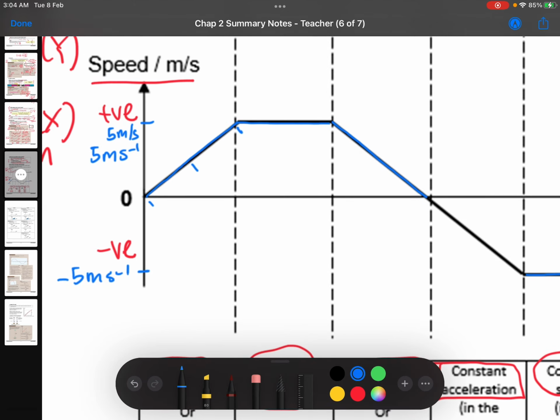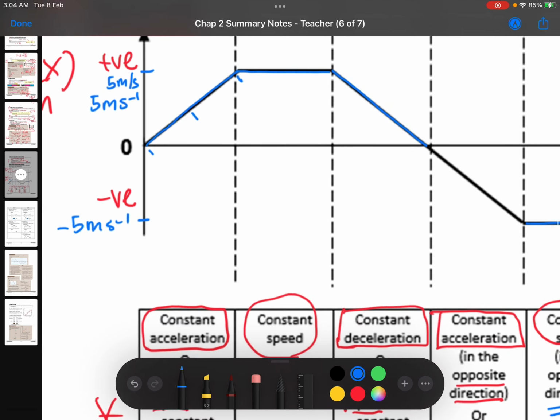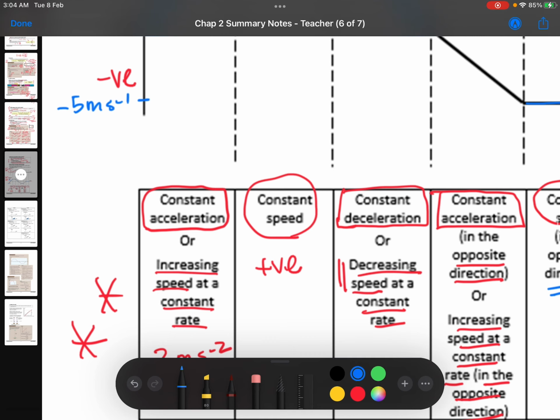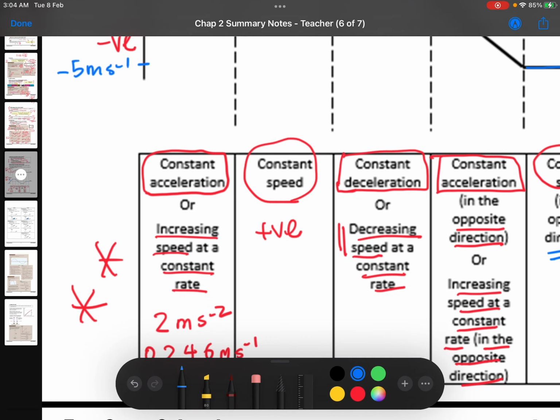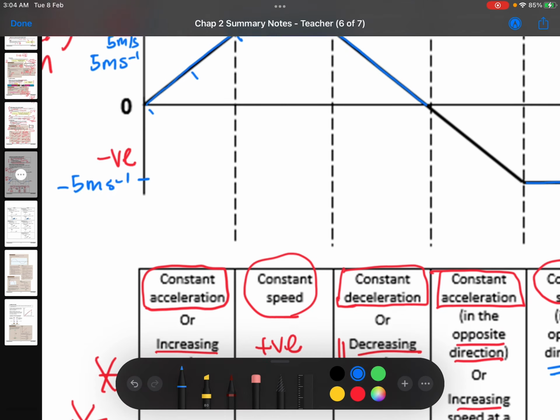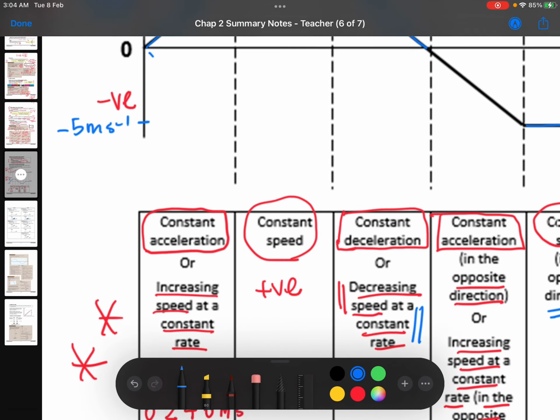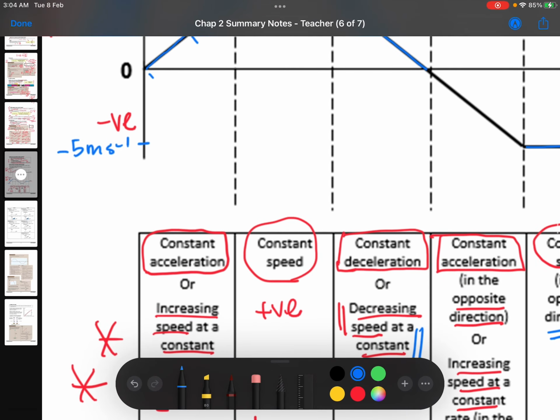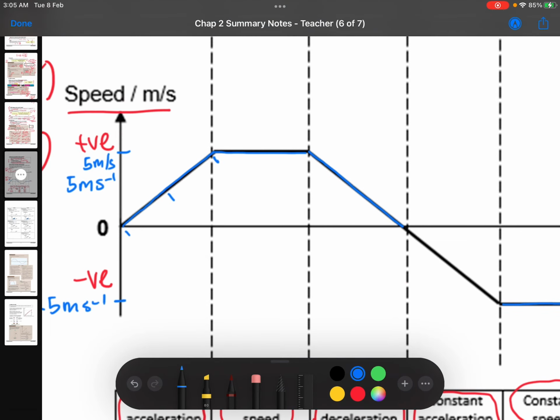Okay, don't forget this is a speed time graph. So what happens is that you are having decreasing speed at a constant rate. But this decreasing speed at a constant rate is actually known as constant deceleration. Okay, so you need to know this.